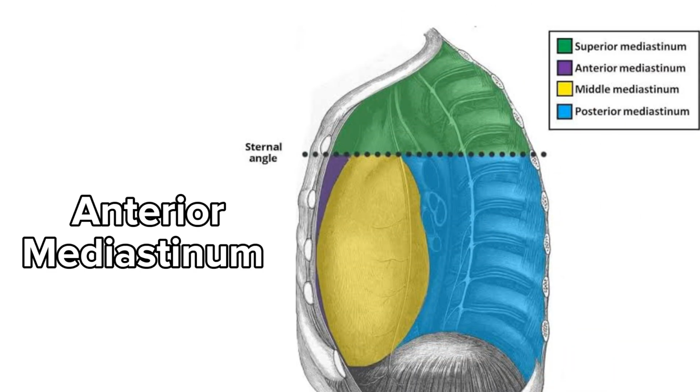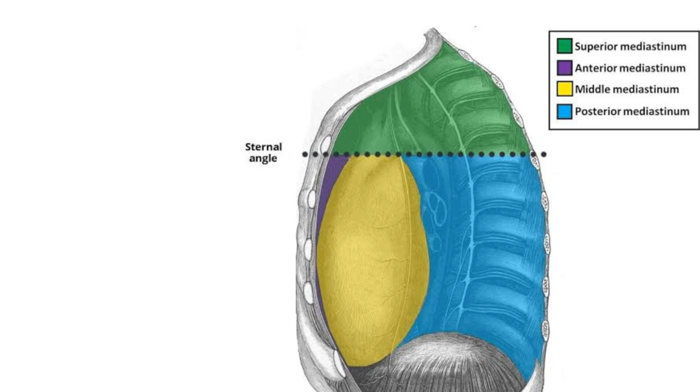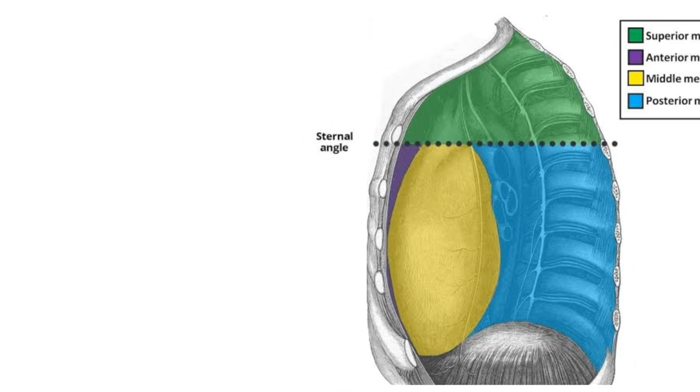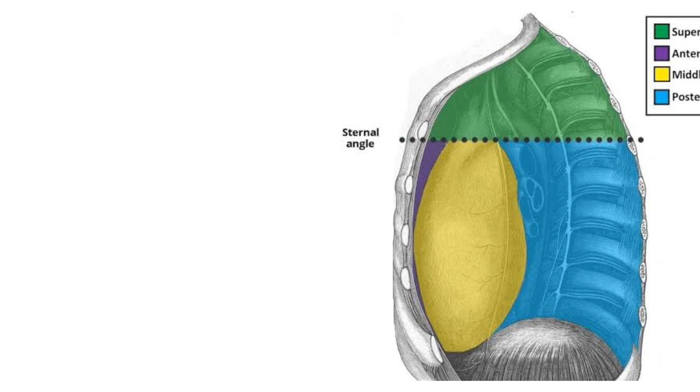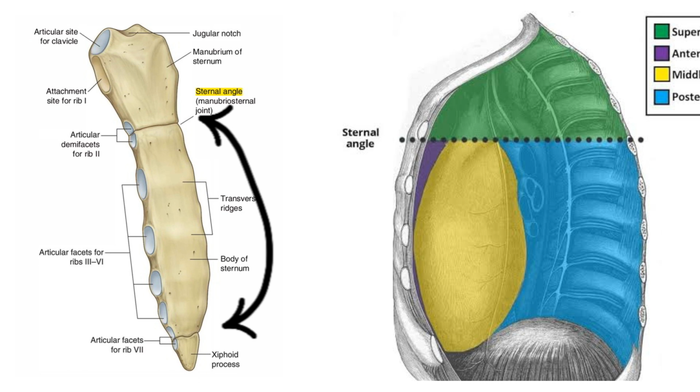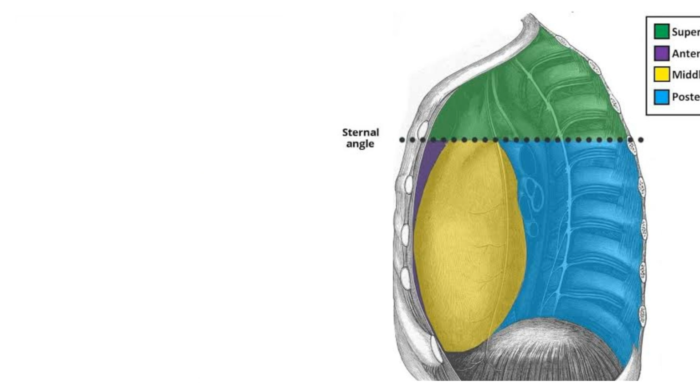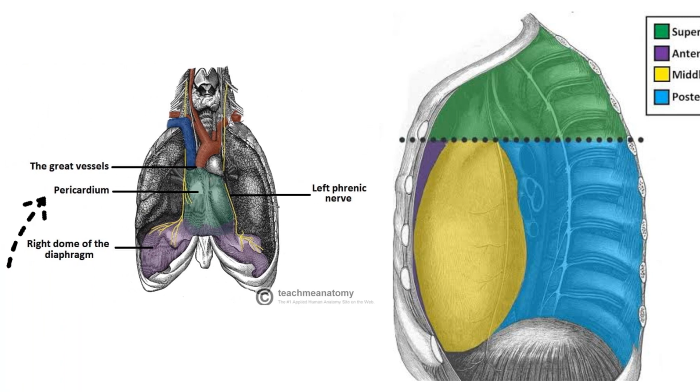Okay, so the anterior mediastinum, as you can see in this diagram, is the part painted purple. The anterior mediastinum is bounded anteriorly by the body of the sternum. It is bounded posteriorly by the anterior border of pericardium covering the heart.